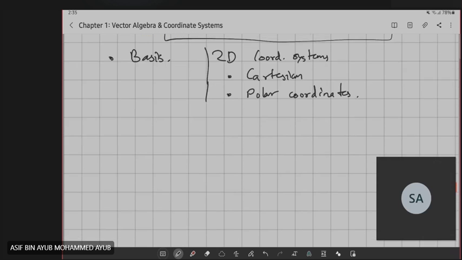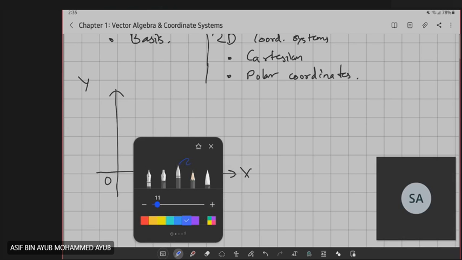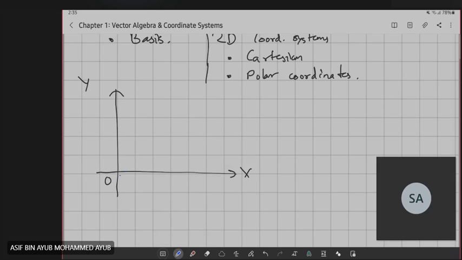If you've noticed, the tablet I'm writing on has a rectangular grid. The Cartesian coordinate is usually the most intuitive one for you, but it may not be the most useful for a problem. So you have the unit vectors i and j.